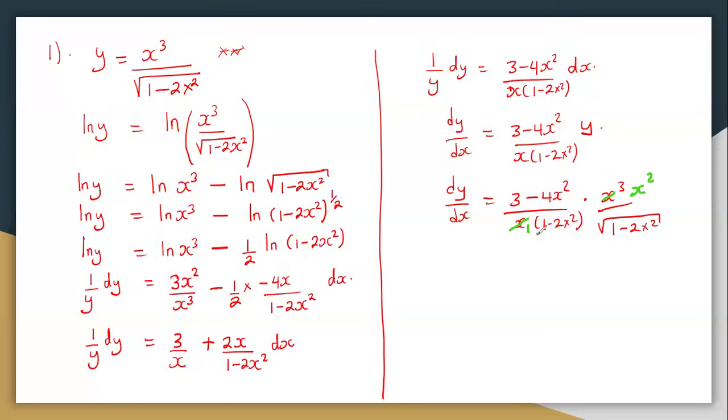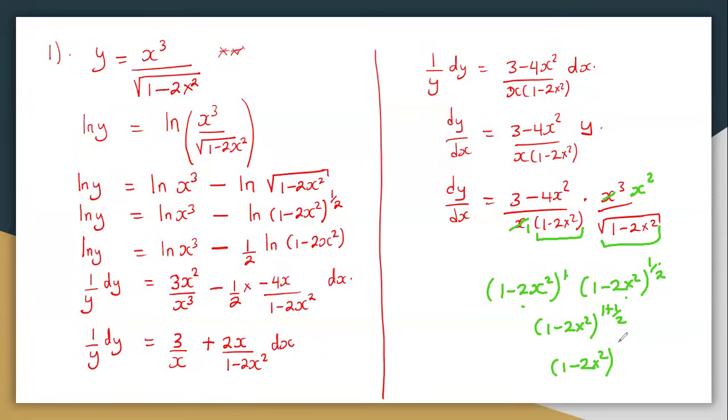But when you look at this denominator and you look at this, these two can be simplified further because you have 1 minus 2x squared. This one is to power 1. And you have 1 minus 2x squared, and this is to power a half. Now, these two have the same bases, meaning you can add the powers. So that means you can say 1 minus 2x squared, then 1 plus a half, which will give us 3 over 2.